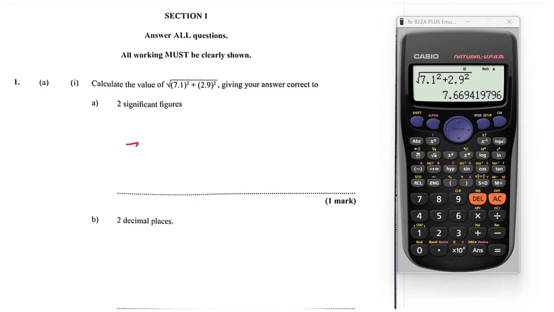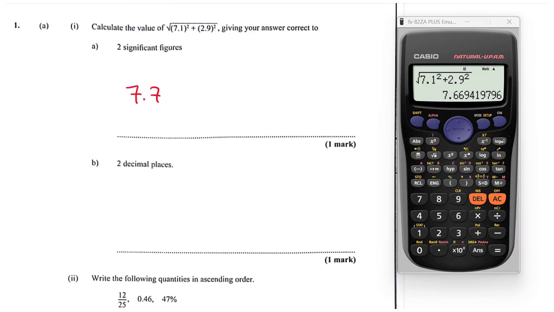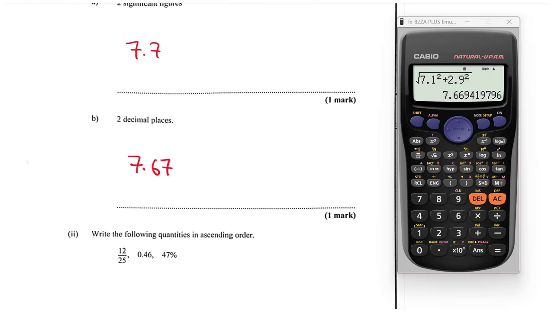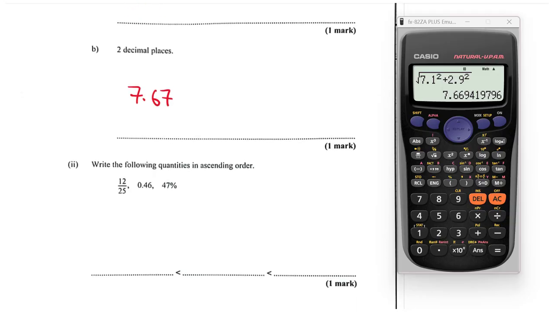So this is going to be 7.7. That's the two significant figures. Now, what about to two decimal places? To two decimal places, we're going to have 7.67.